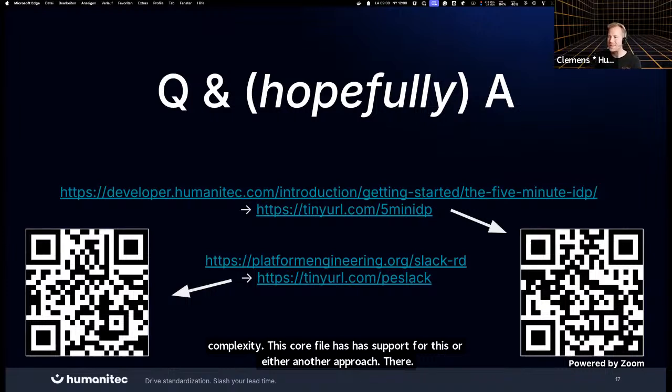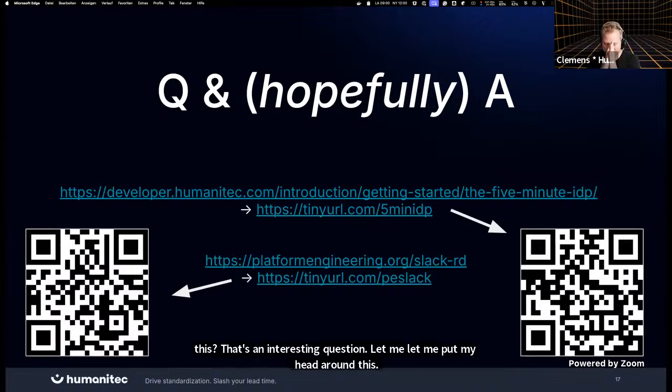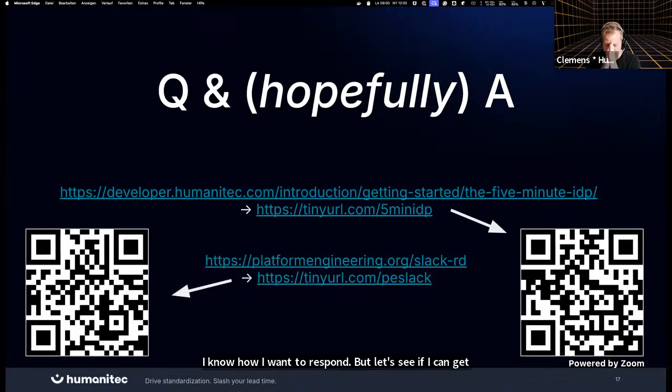That's an interesting question. Let me put my head around this. I know how I want to respond, but let's see if I can get real clarity in there. The Score file by nature is very abstract, and you only ever have one. So as a developer, you would write in there, I would like to have a cache.